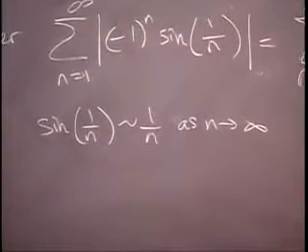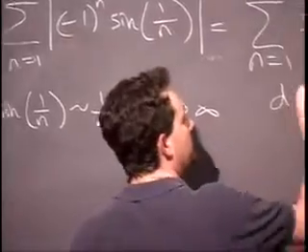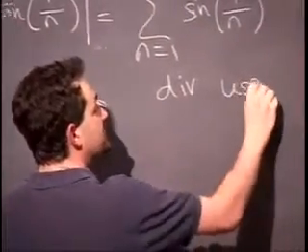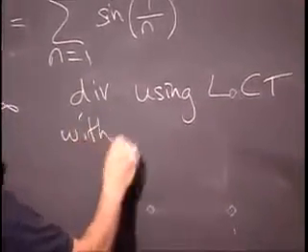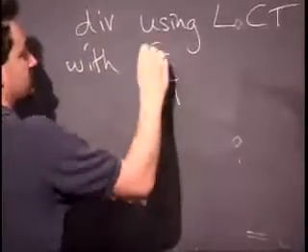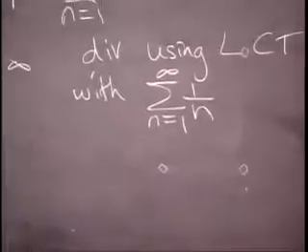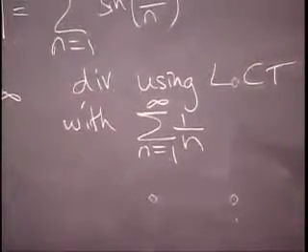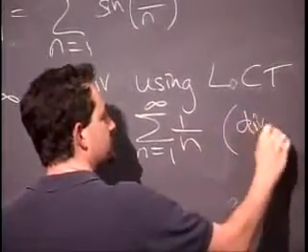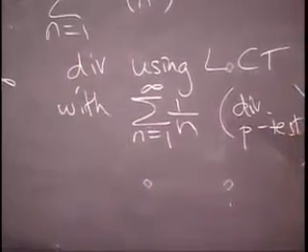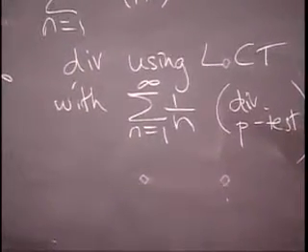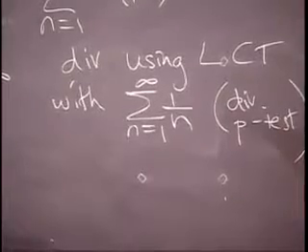So this diverges using the limit comparison test with just 1 over n, which itself diverges by the p-test. So the series does not converge absolutely.